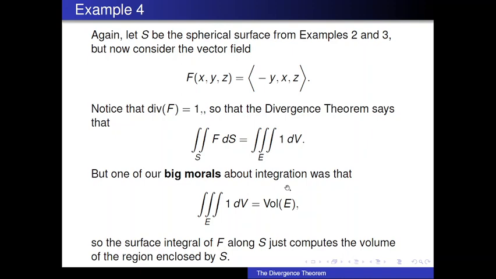So really, since we know that that region E is just that ball of radius 2 centered at the origin, sort of solid ball, then this surface integral is just going to compute the volume of that ball.